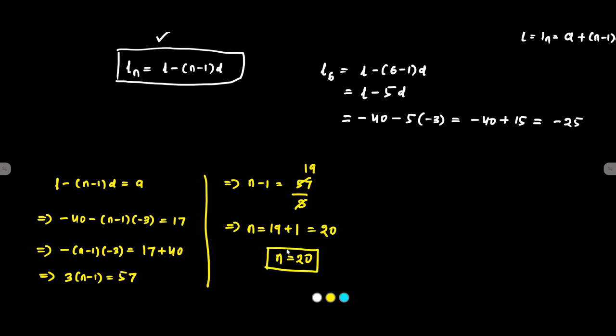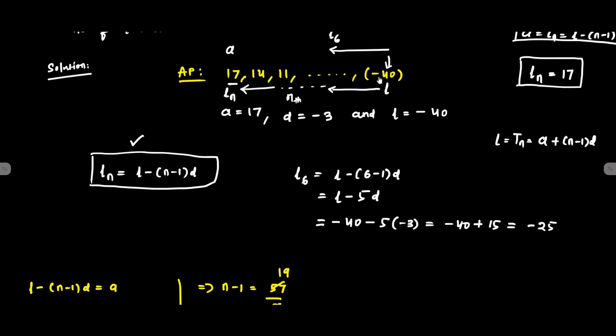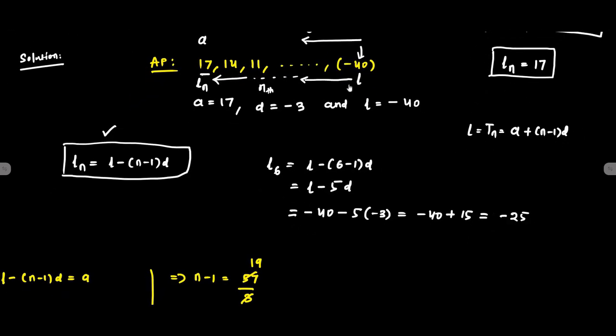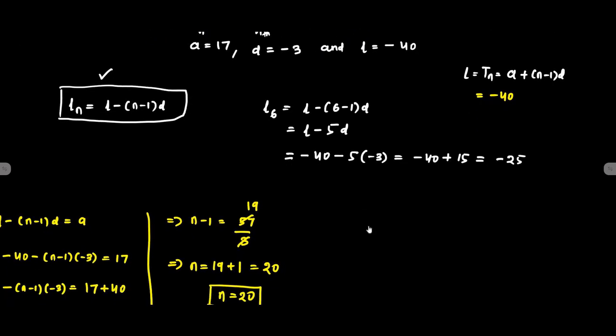So if we want to verify whether this approach works the other way, that is a plus n minus 1 d, that is equal to the last term here. If we use this a plus n minus 1 d, then it will be equal to the last term, which is equal to minus 40. So let's see whether we are getting the same value of n or not.